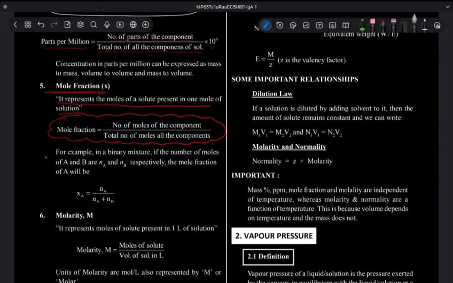For example, in a binary mixture, if the number of moles of A and B are nA and nB respectively, the mole fraction of A, chi A, is nA divided by nA plus nB, and for B, it will be nB divided by nA plus nB.